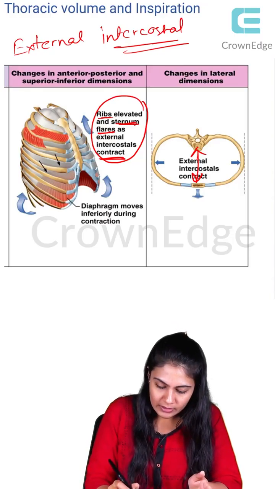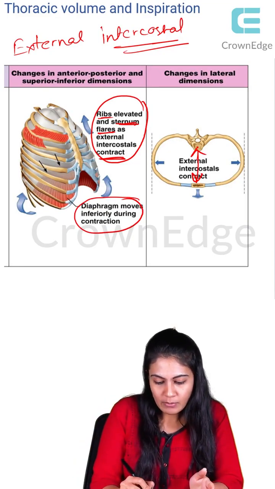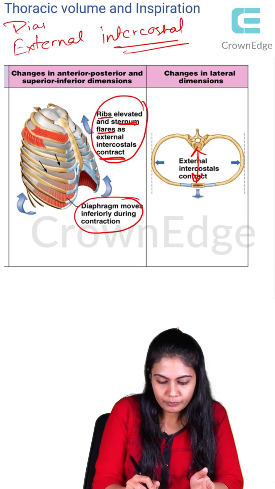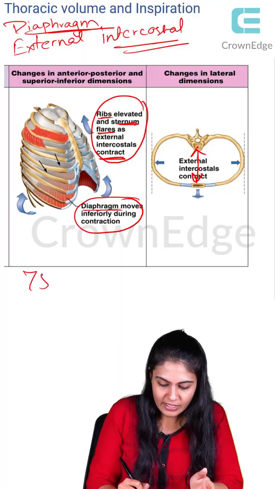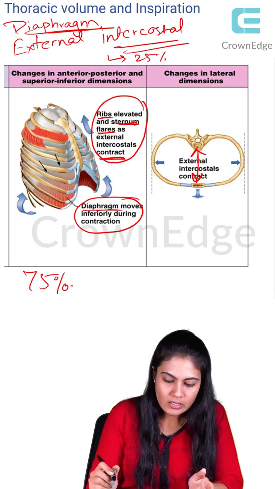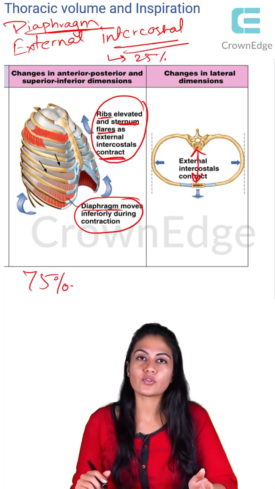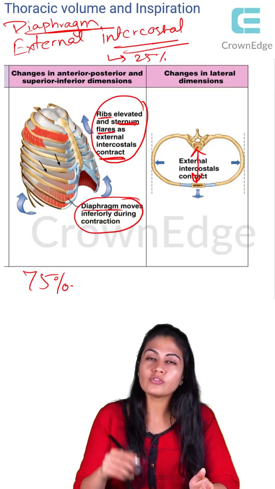And not only that, the diaphragm moves inferiorly during contraction, right? So the second muscle is the diaphragm, and as we just discussed, the diaphragm is responsible for 75% of that, and the remaining 25% is contributed by the external intercostal muscles. So the diaphragm will move downward.